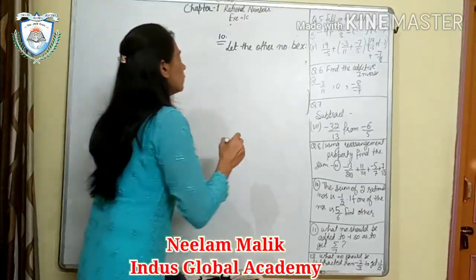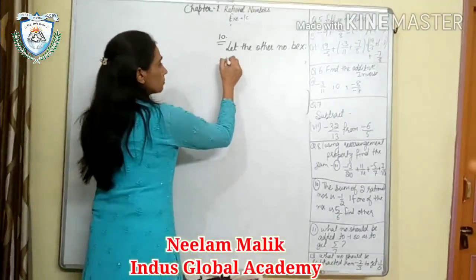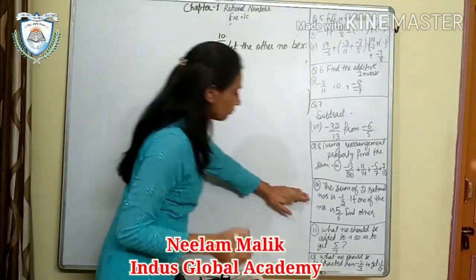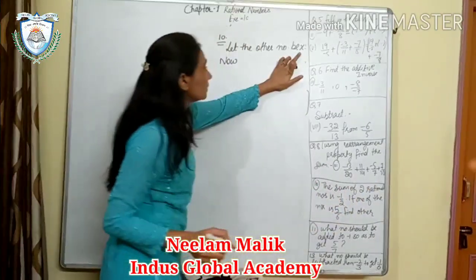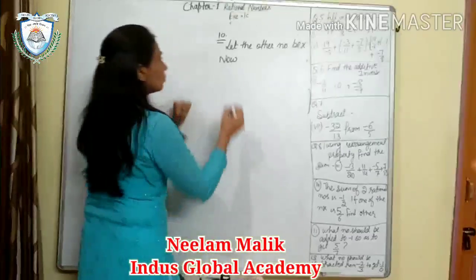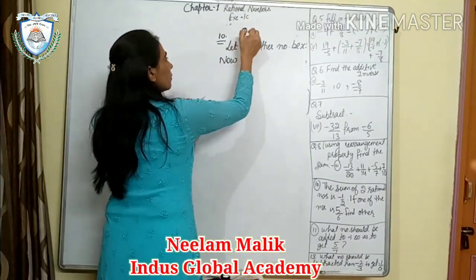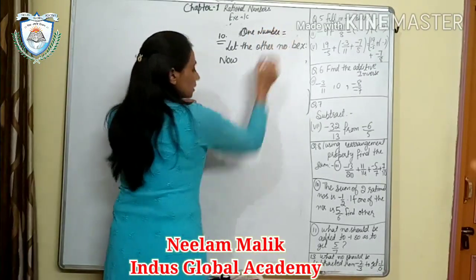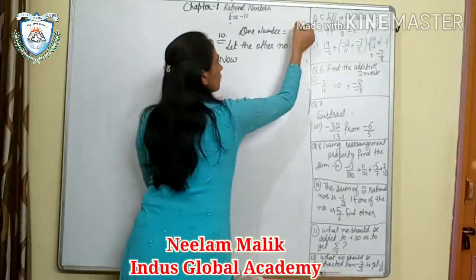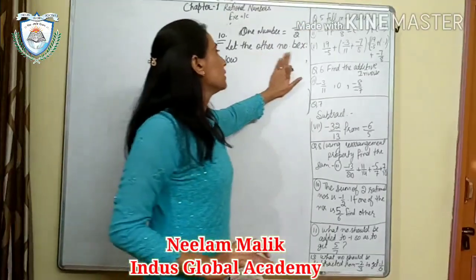So now you can say here ATQ also. What do we have? The sum of two rational numbers. One rational number is given to you. One number is minus 1 upon 2, and the second number, the other number, let it be x.